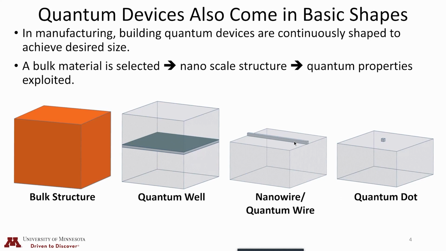And then when you want to make it into a nanowire, which is also called a quantum wire, or a one-dimensional structure, you can take something like this and fabricate it in the laboratory, and then you expose a beam of energy, put photoresist on here, do lithography, basically. And then you can create a nanowire.